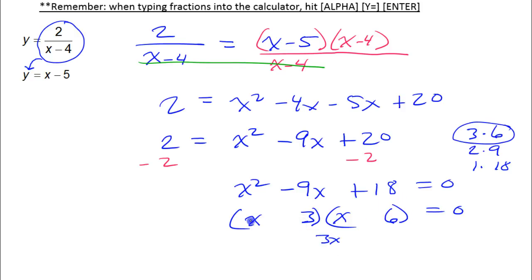Inner, I have 3x. Outer, I have 6x. To make -9 middle, I would need both of these to be negative. So that means both of these would be negative. And a negative times a negative will give me the positive I need for the positive 18. So this is working.